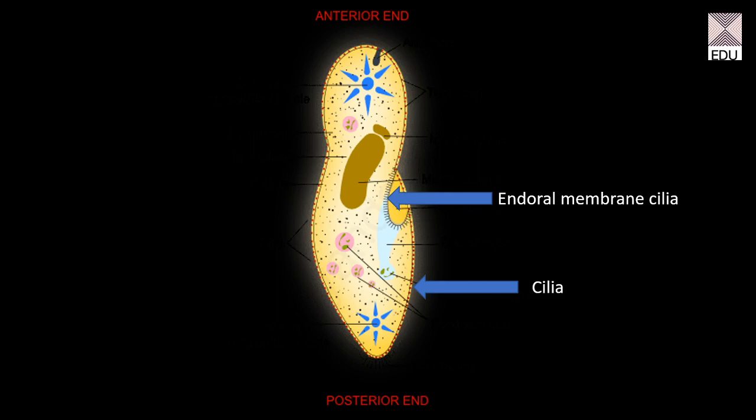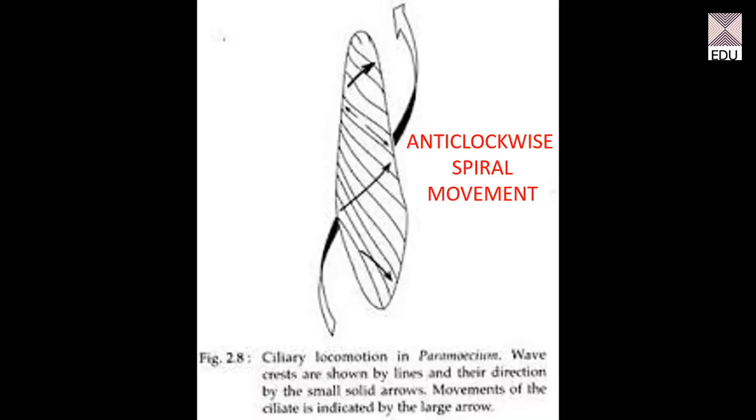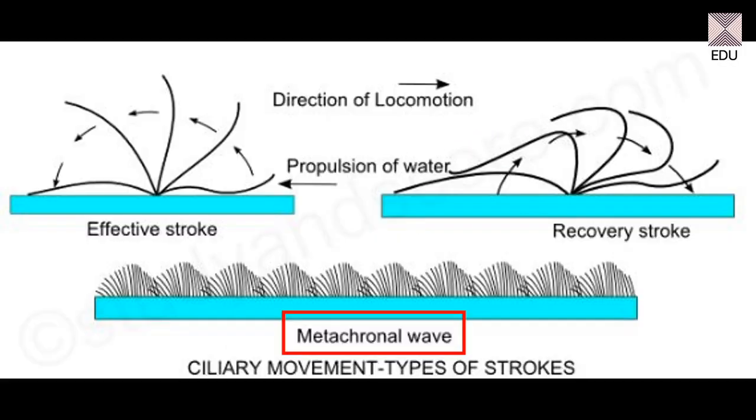I think you are very clear about the locomotion in paramecium. Overall, in this particular question, you have to make two diagrams. Number one is the diagram of the cilia, which we discussed earlier. You can give the effective stroke and the recovery stroke, the propulsion of the water, and the direction of the locomotion of the paramecium.